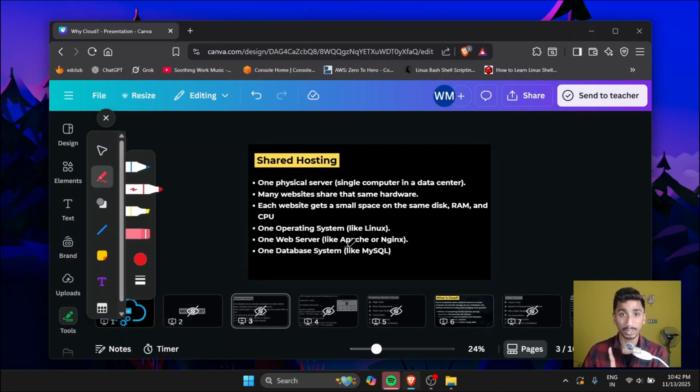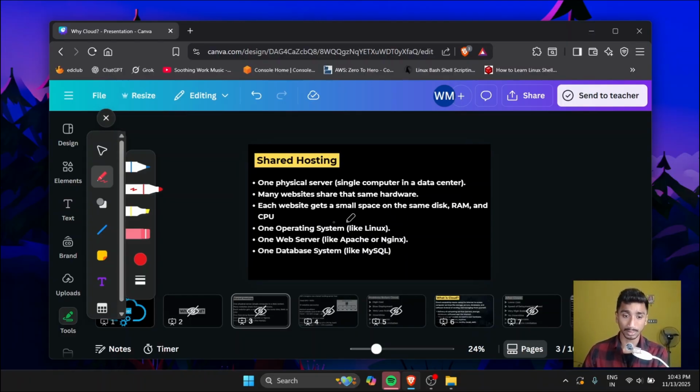It means only one server was running for all those websites, each website was divided into the same amount of storage, RAM and CPU, and all of the websites were running on only one operating system, one web server and one database system.